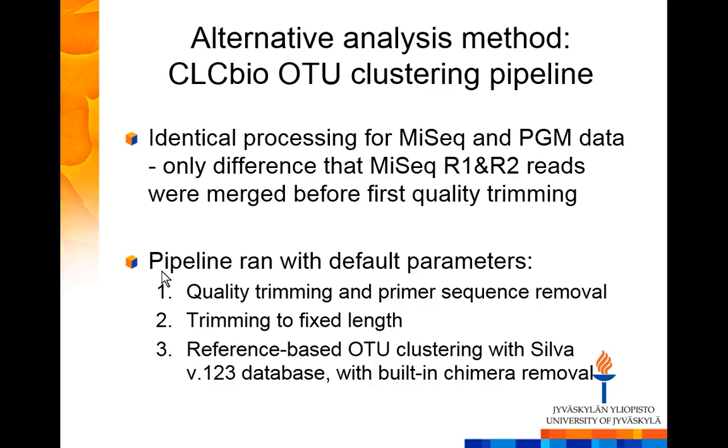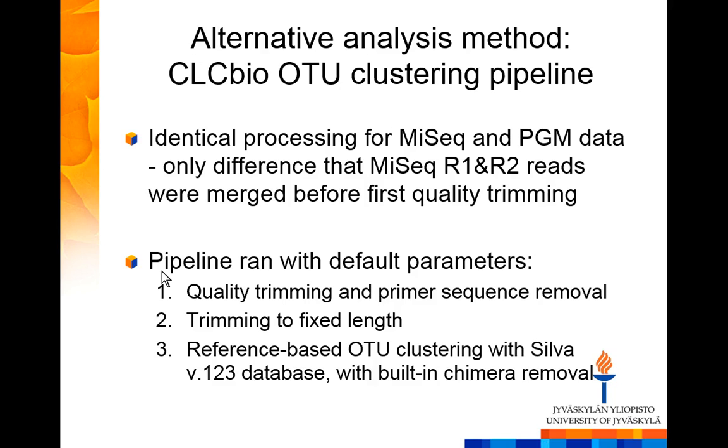If you really want to compare sequencing platforms, I don't think you should do it based on just one analysis pipeline. So I did the whole thing, and I analyzed all the sequences also with a different, commercial pipeline. There's a pretty expensive but also very user-friendly program by CLC Bio, which is nowadays owned by QIAGEN.